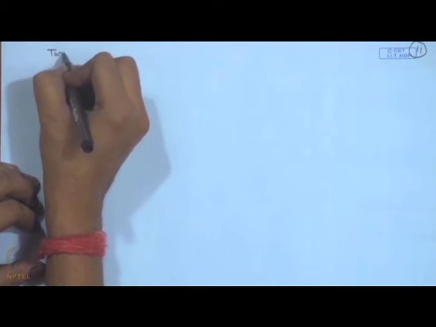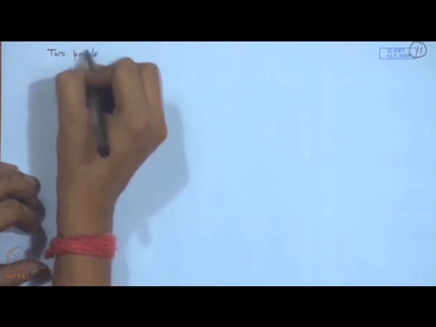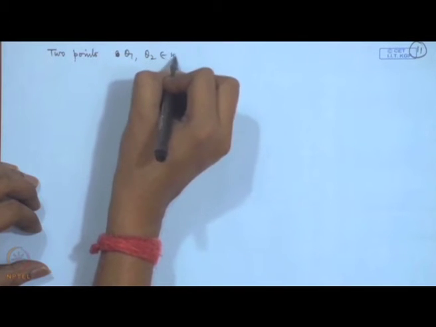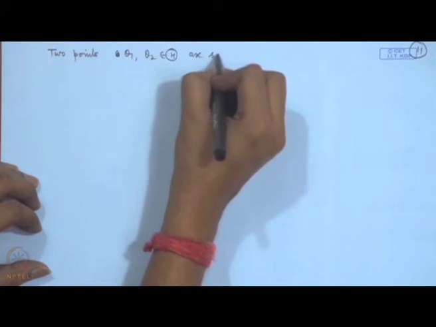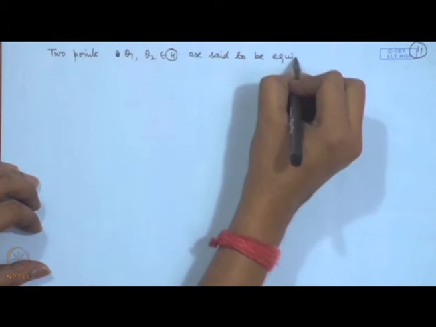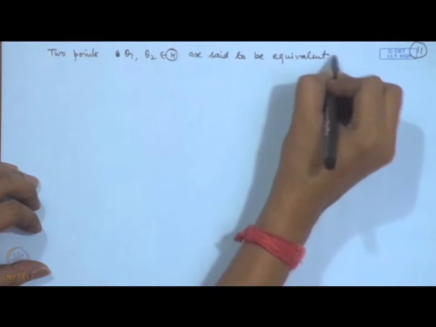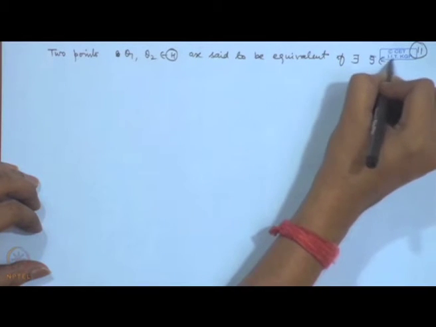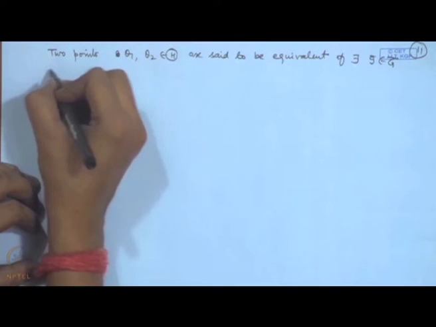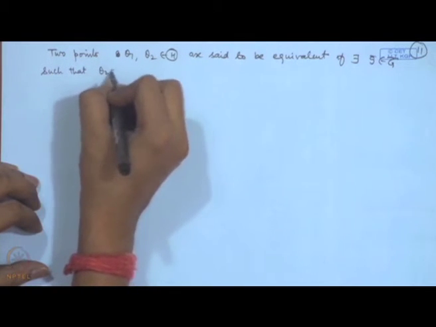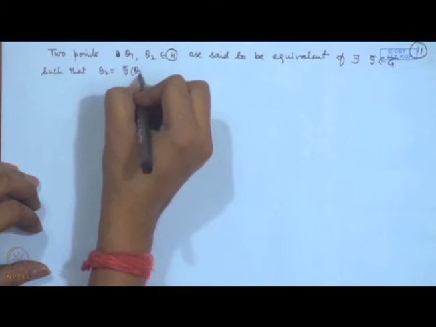Two points, say theta 1 and theta 2 in the parameter space, are said to be equivalent if there exists g bar belonging to G bar such that theta 2 is equal to g bar of theta 1.